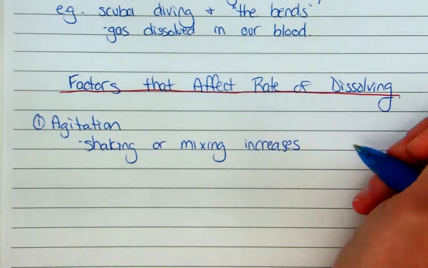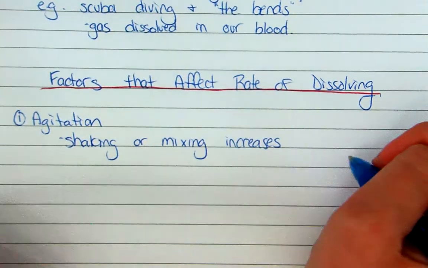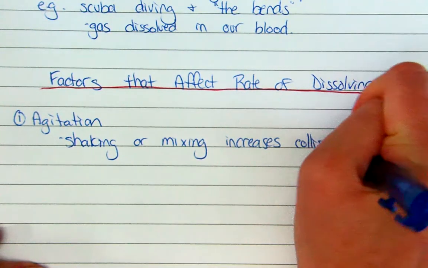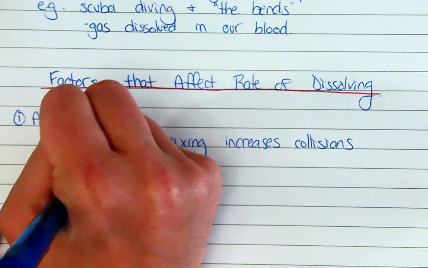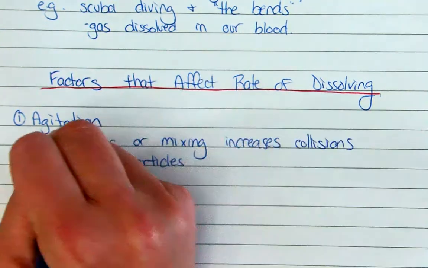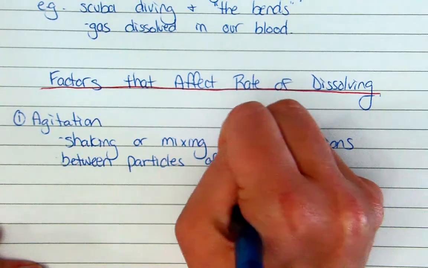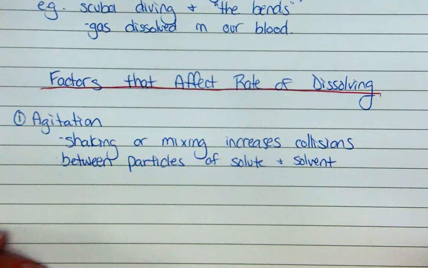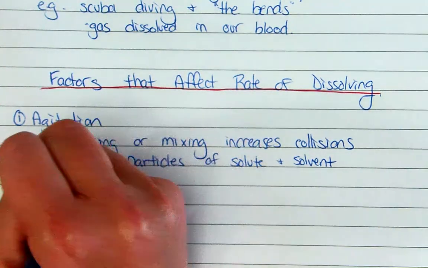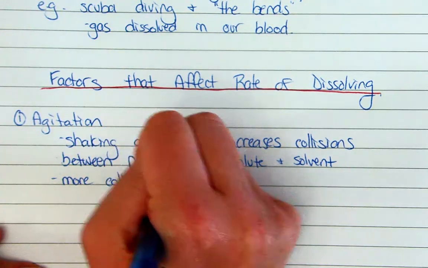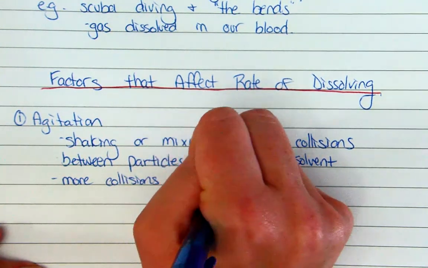And hopefully you're seeing a theme here that more collisions means faster dissolving. Collisions between particles of solute and solvent. That's more if we're talking about a liquid in a liquid or a solid in a liquid. More collisions equals faster dissolving.